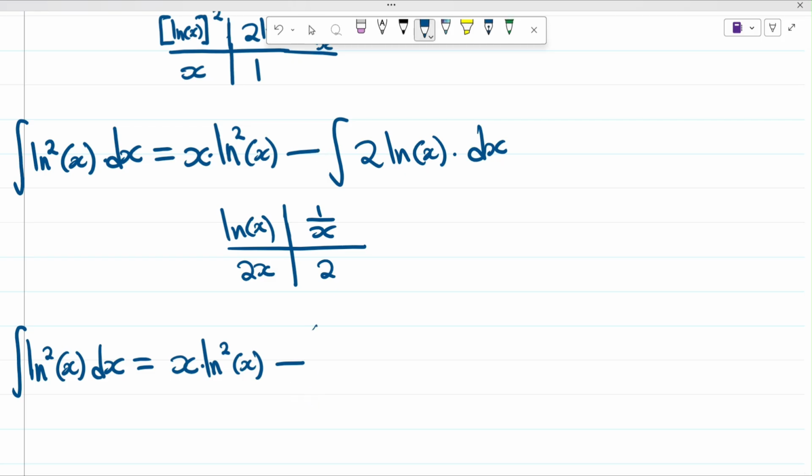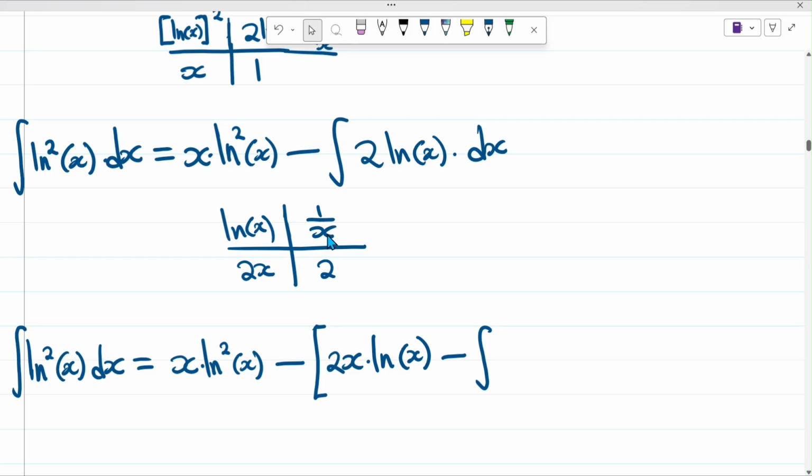Now I need to apply integration by parts. So I'm going to open my bracket and then apply integration by parts again for this one. So this is going to be the second quadrant multiplied by the third. That's just going to be 2x multiplied by ln of x, minus the integral of 2x multiplied by 1 over x.